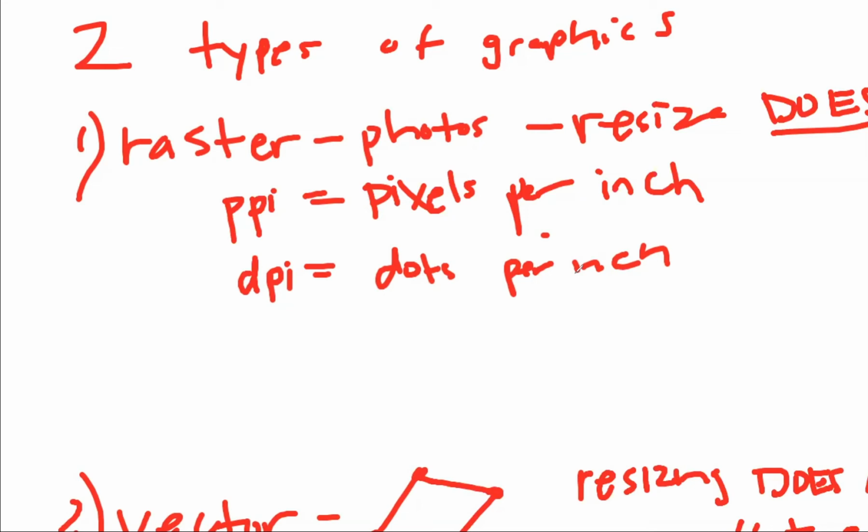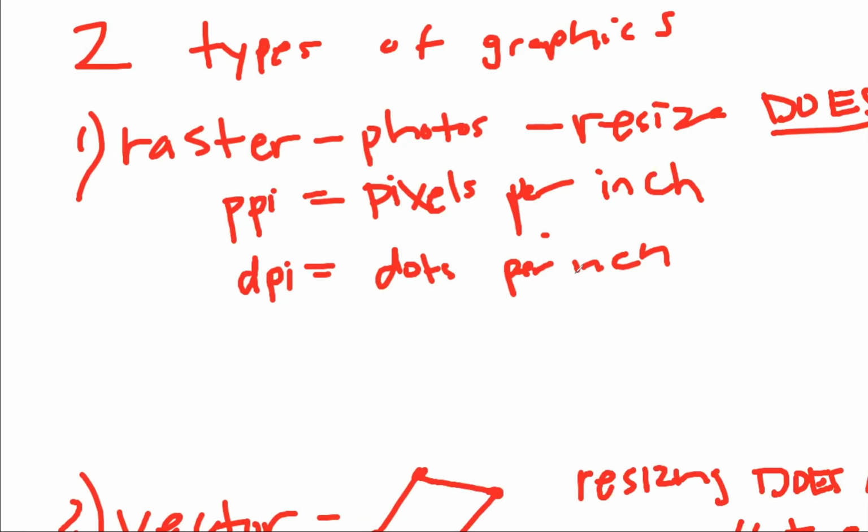If you've never zoomed in on an actual printed page, the colors that you're seeing, they're not solid colors. They're actually little dots, either cyan, magenta, yellow, or black. And depending on the size of those dots and how close they are to each other, it gives your eye the illusion of the color you're actually seeing. And so in this case, you'd have 300 within an inch space.